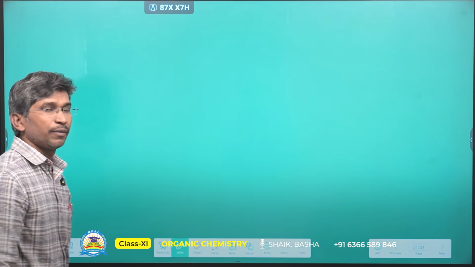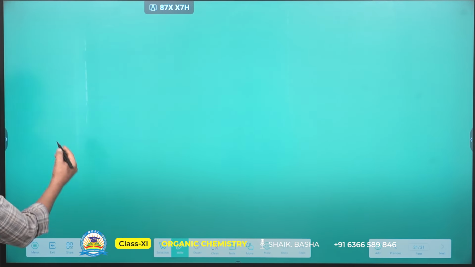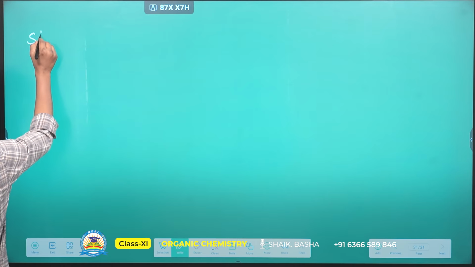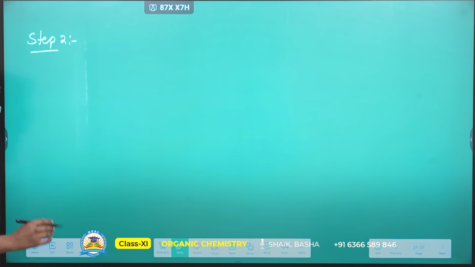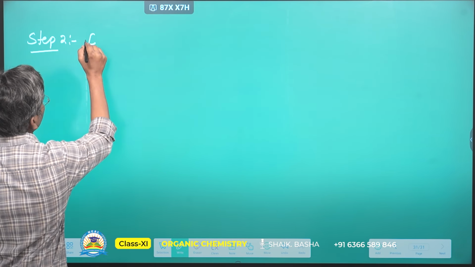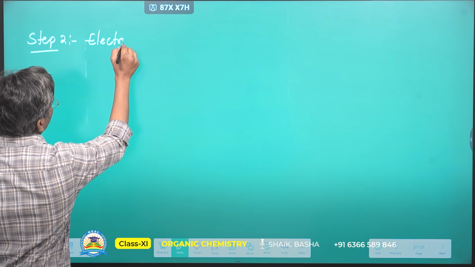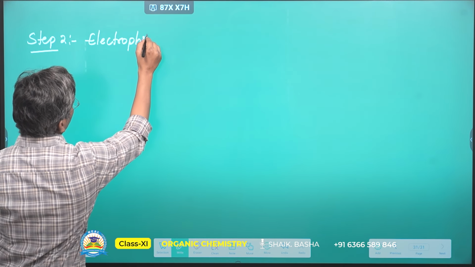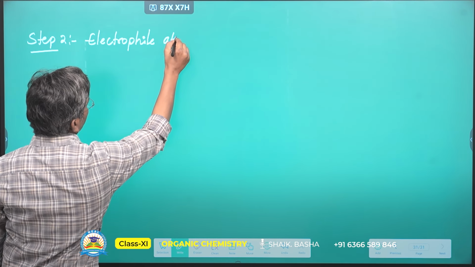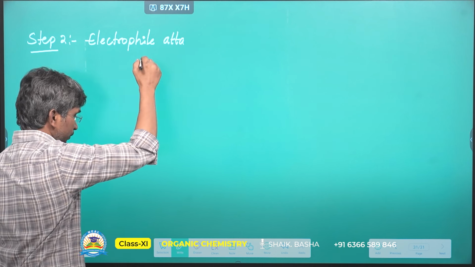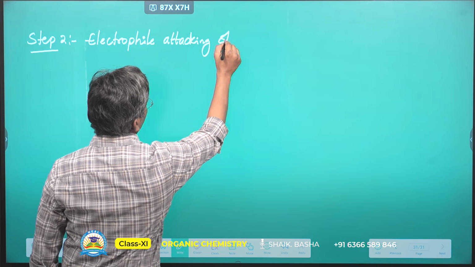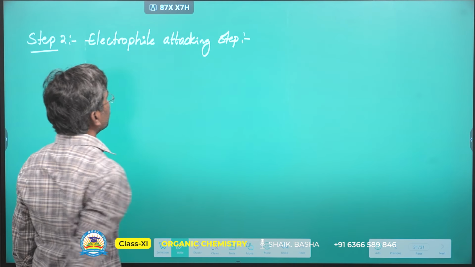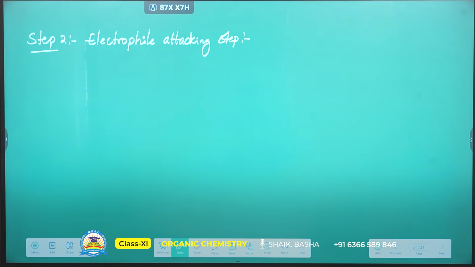after formation of the electrophile, what happens in the second step? Step 2: electrophile attacking step. We'll see what happens here.